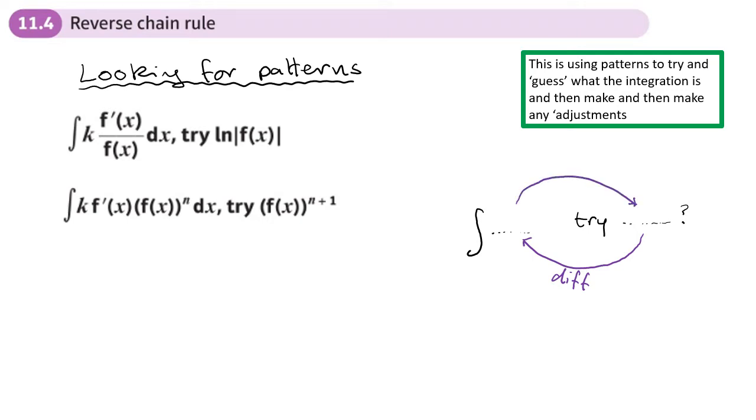So we've got an integration. It's almost like we do an informed guess at what the answer is, because it may not be something that's particularly obvious. It doesn't fit any of the other patterns. We differentiate our informed guess. We compare it to what the question was, and then we might need to make an adjustment.